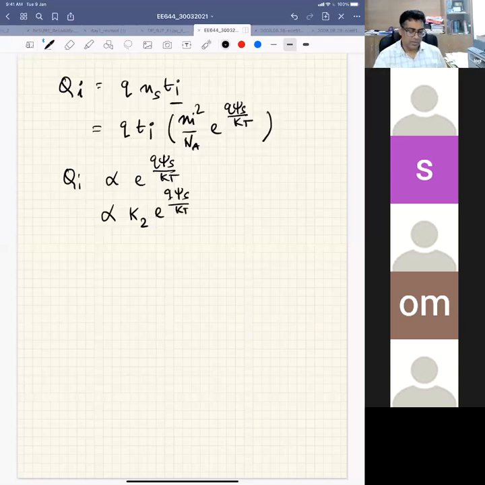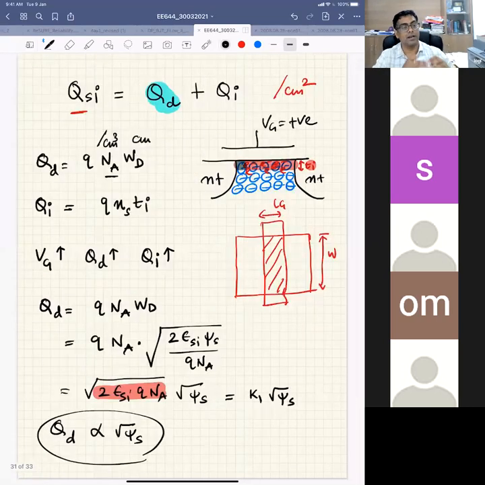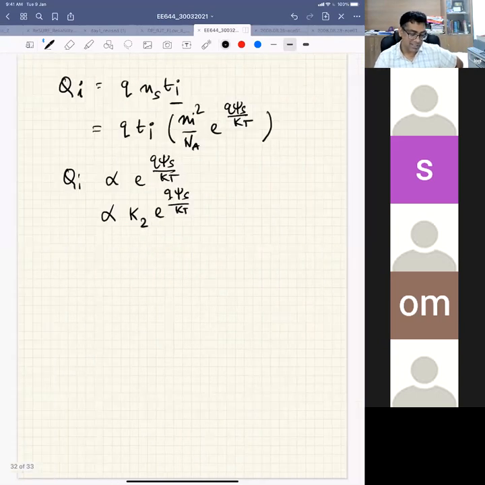So your depletion charge increases as root over psi s. When you increase your gate voltage, your surface potential psi s increases, but the depletion charge increases as root over psi s, whereas the inversion charge increases exponentially with psi s.